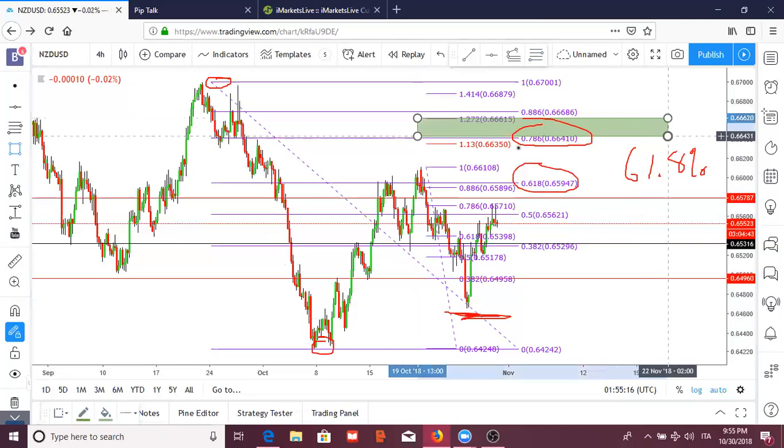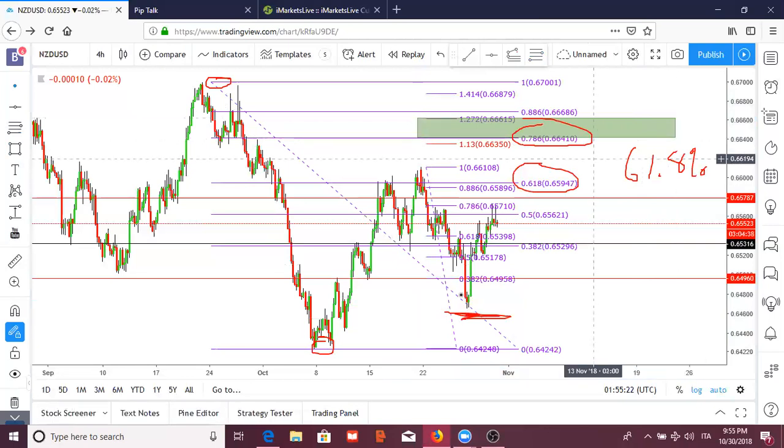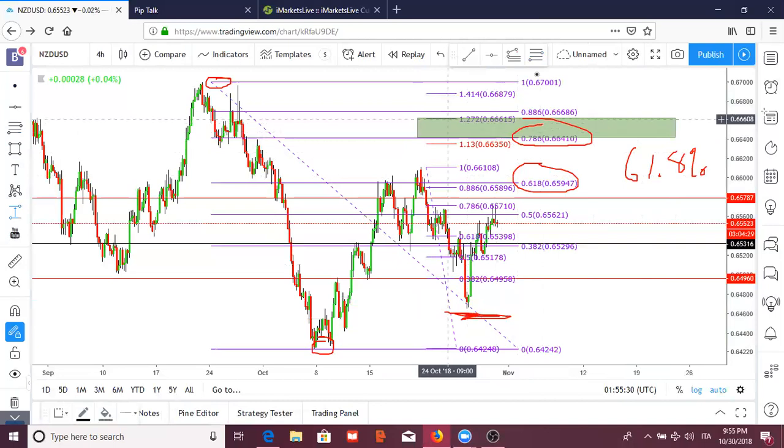This is going to be a zone that I enter, a demand zone that I enter for a sell opportunity, if price pushes up to this zone up here. Let me see how big this gap is, because I like to enter off that 1272 level. But this is only about a 20 pip zone right here.